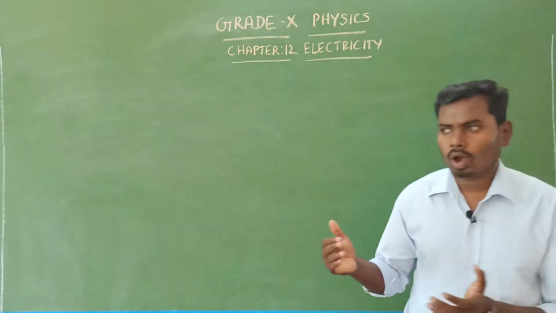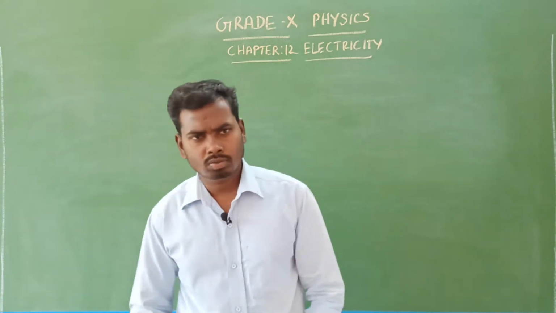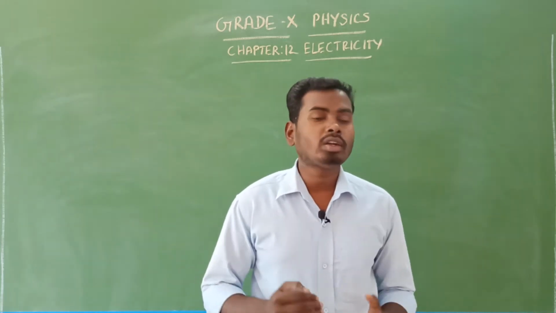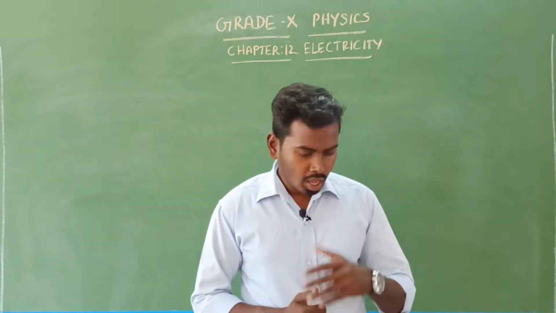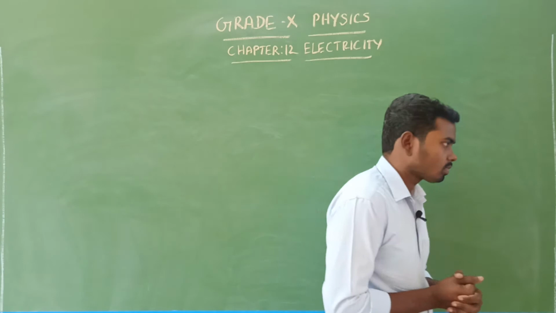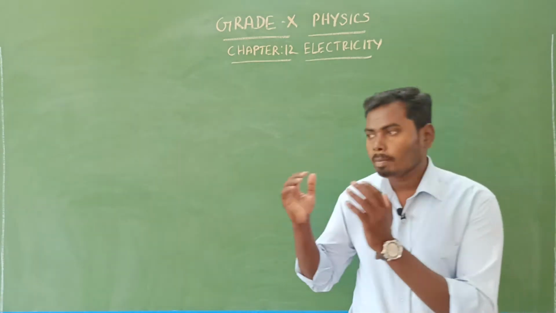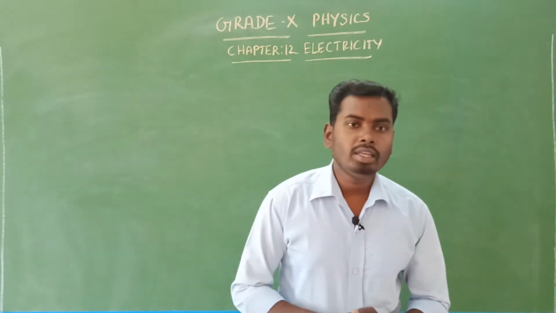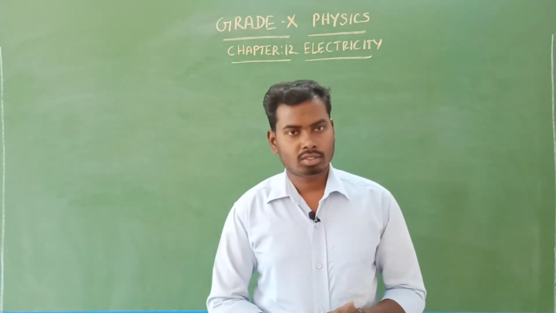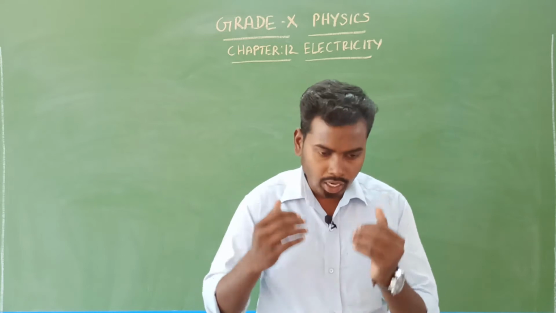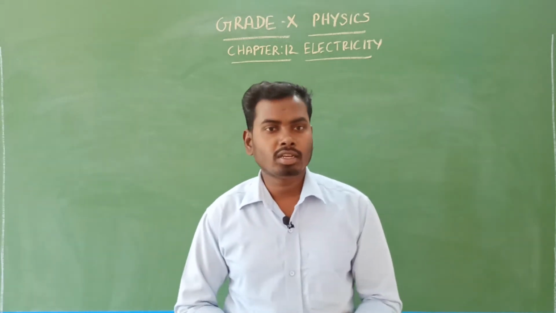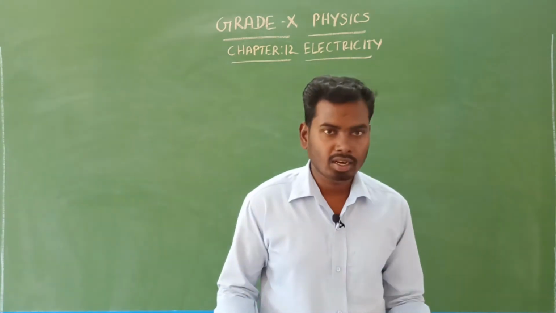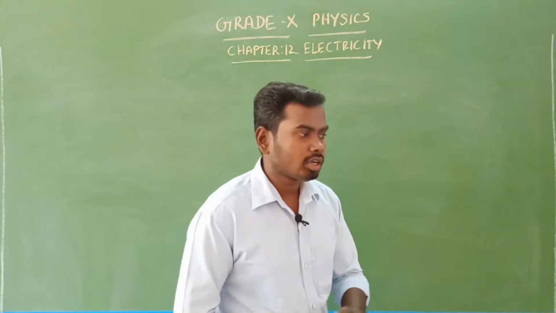Since we have connected two or more resistors in series, the total resistance is equal to the sum of all the individual resistances. So far we have seen up to this. Is it clear?